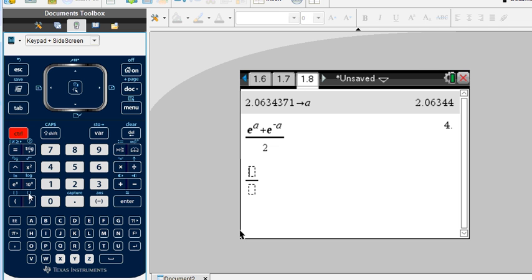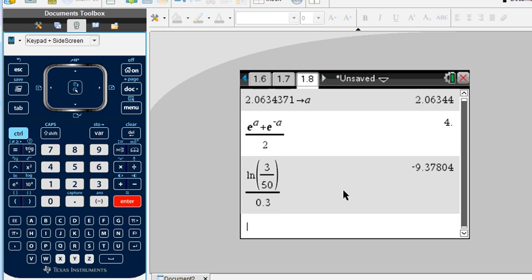So natural logarithm of 3/50 and divide that by 0.3, we get negative 9.3837.